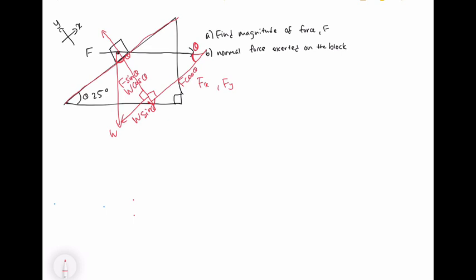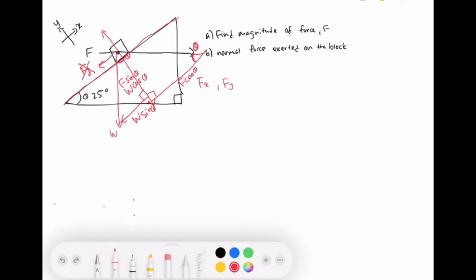Hopefully that makes sense. The question also said that the plane is smooth, which means we do not have friction, the rough surface which has the coefficient mu. We don't have that.